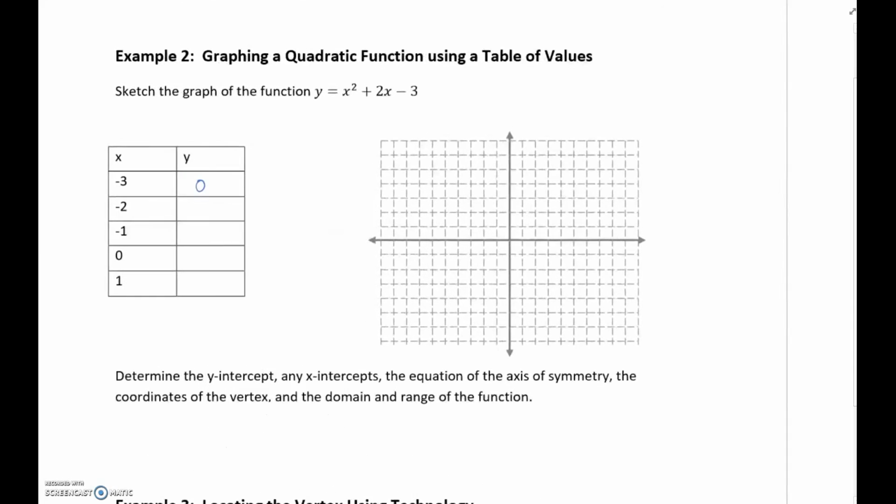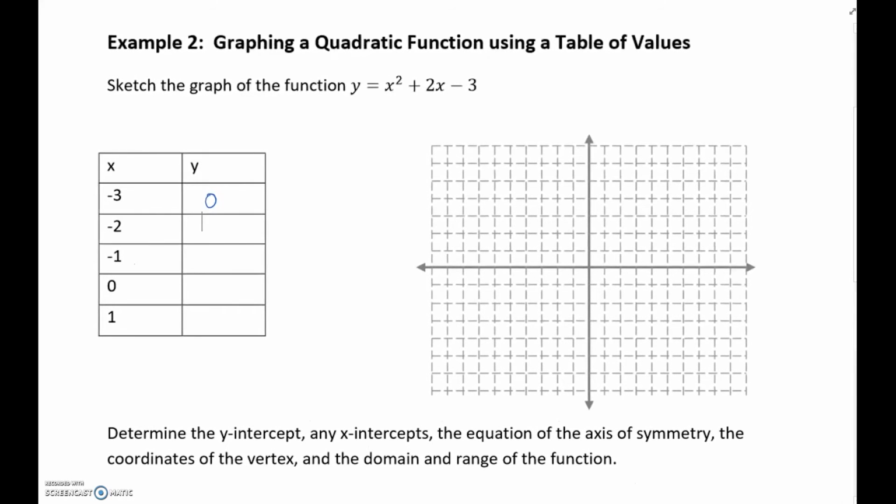In example 2, we're graphing a quadratic function using a table of values. And if you remember back to when you were first introduced to linear functions, this is the same way you started. Okay? So, given these x values, use substitution and solve for y. Let's try -3. Don't forget, when you're using substitution, you always use brackets when you're putting that in.